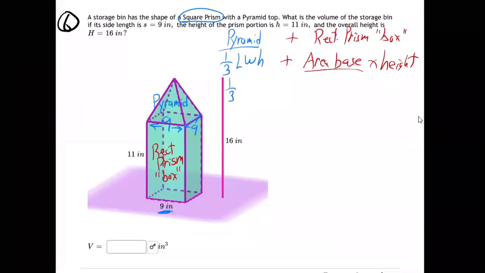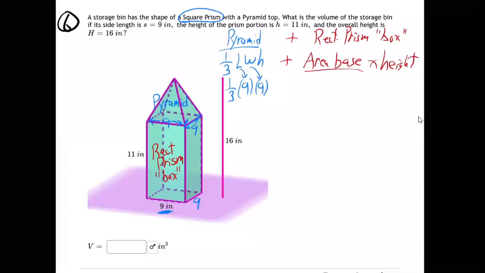It doesn't look like it, does it? It doesn't look like a square, but they're telling us it is. It's a 9 by 9 square. So the length and width are both 9.